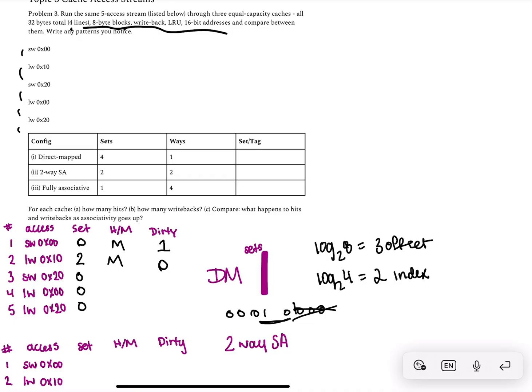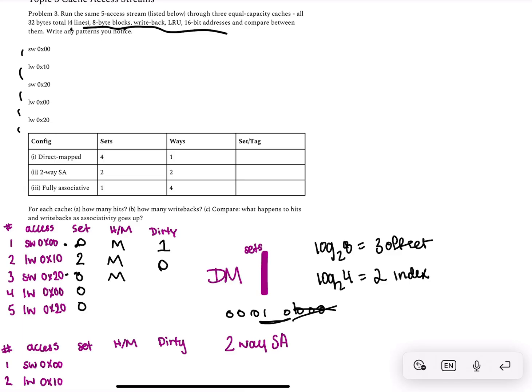We're storing another value, 0x20, it's not already there. And so when we're storing this value, remember with the direct map cache, we have a bunch of sets but only one way to put them in. And if 2 values map to the same set, as in this case right here, then we have to evict the first one.